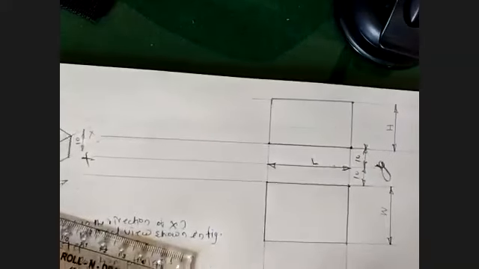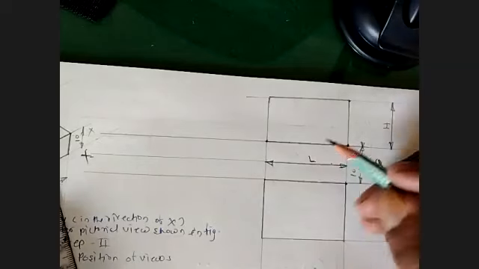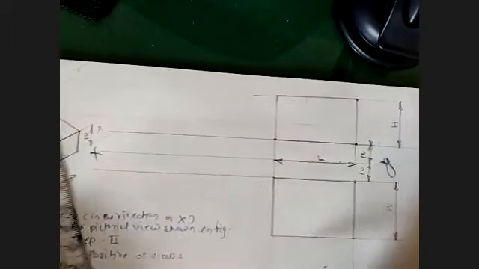Understood? Yes, sir. Then what next I am going to do here: I have taken this line above the xy line and below the xy line, these two lines parallel to the xy line. Now, from this boundary, you have already identified the position of the side view.